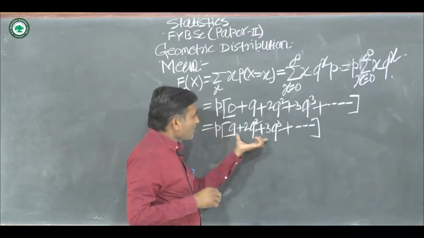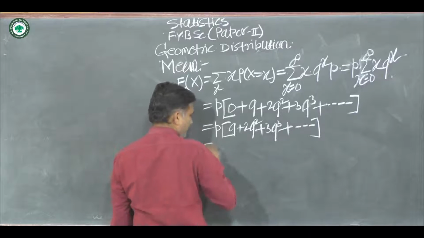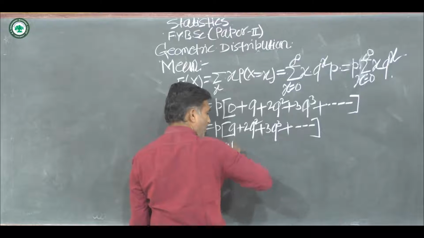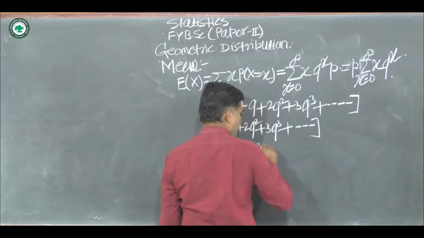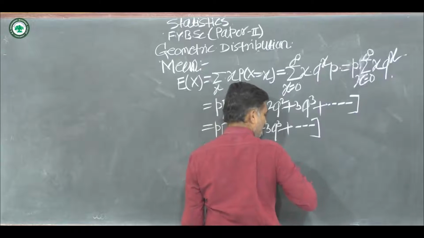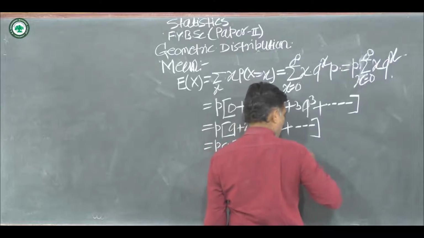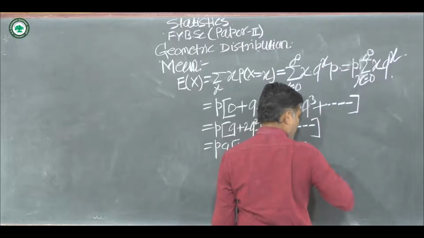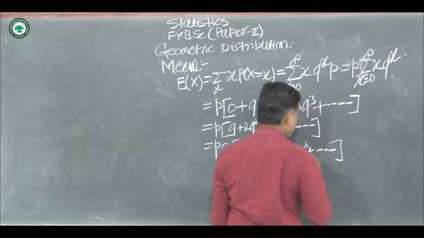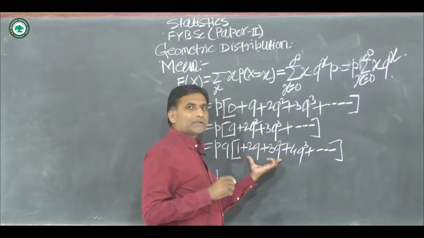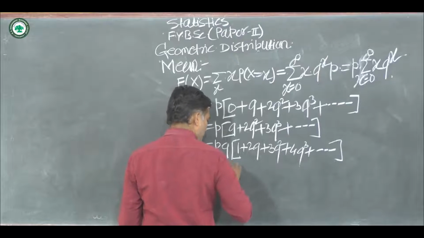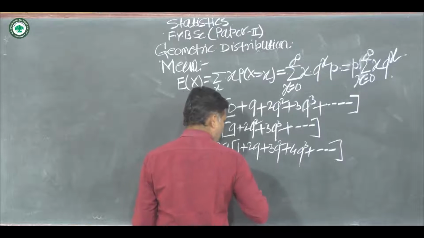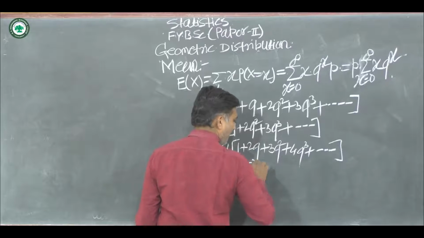Now take q common from each term, then we have p into q into in bracket 1 plus 2 into q plus 3 into q square plus 4 into q cube plus and so on, bracket complete. Now the sum of this series is p into q into (1 minus q) raised to minus 2.